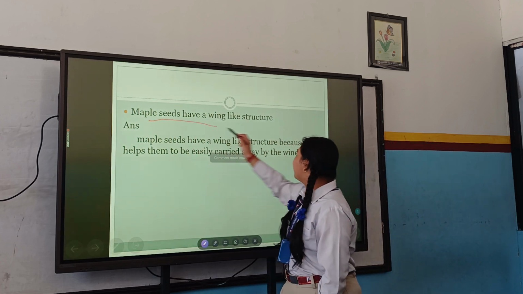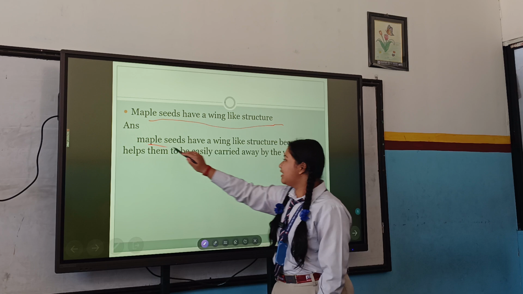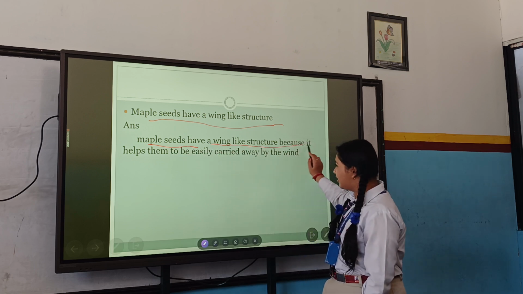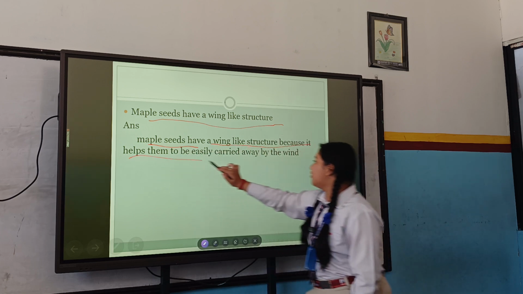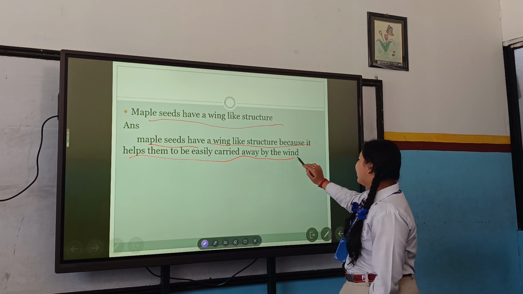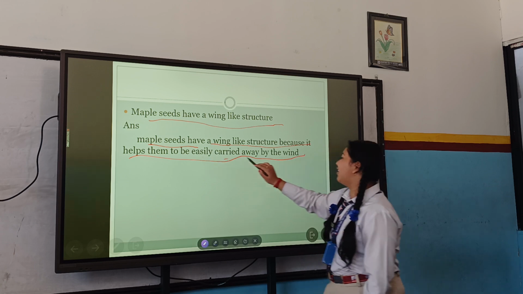Maple seeds have a wing-like structure because it helps them to be easily carried away by the wind.